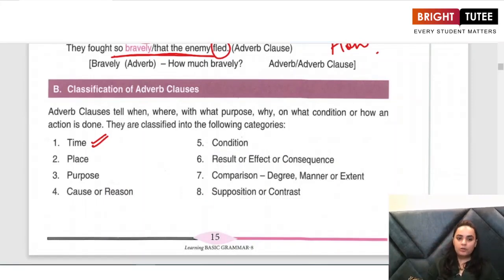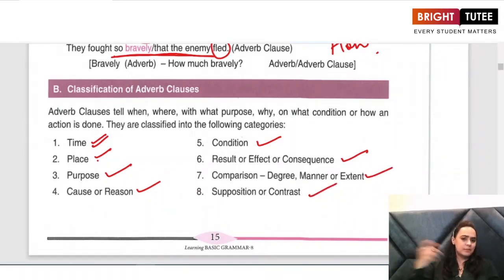So adverb clauses tell us about the time when something was done, the place where something was done, the purpose, why something was done, the cause or reason that something was done, the condition on which something was done, the result or effect or consequence of something that was done, the comparison of degree or manner or extent, and a contrast or a supposition.